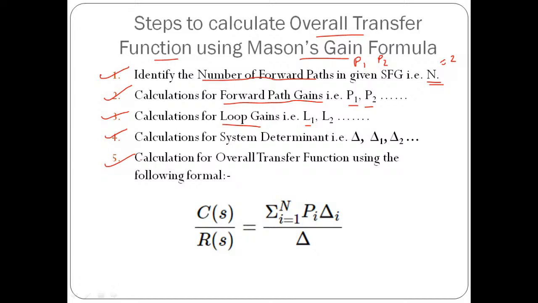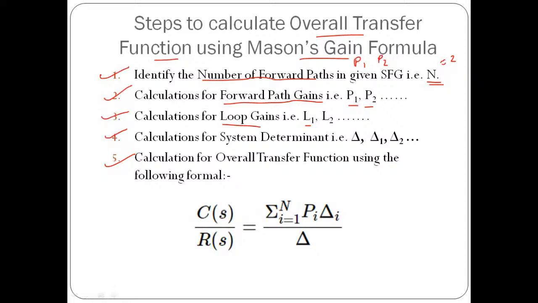Then in step number 2, calculate the gain of each forward path indicated by symbols P1, P2, and so on. Then in step number 3, we need to identify how many loop gains there are, like L1, L2, and so on.